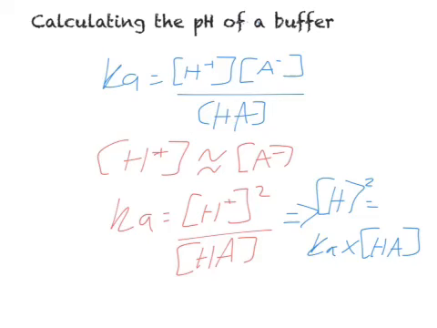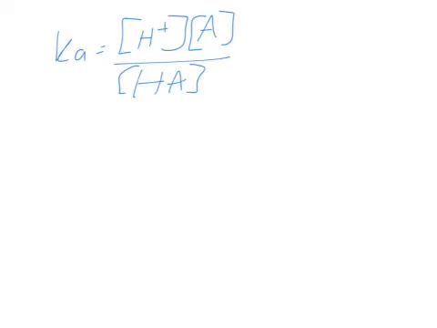With buffers, this calculation cannot be simplified to this form. This is because the conjugate salt of the weak acid adds extra ions. So these two values are no longer equal, and the acid is hardly ionised at all.